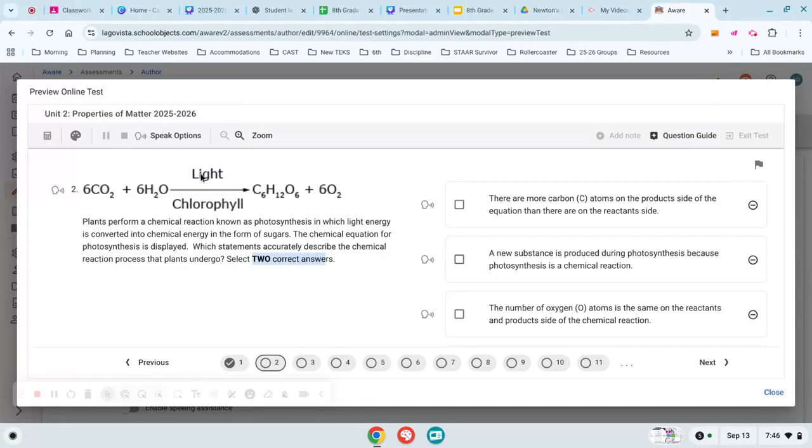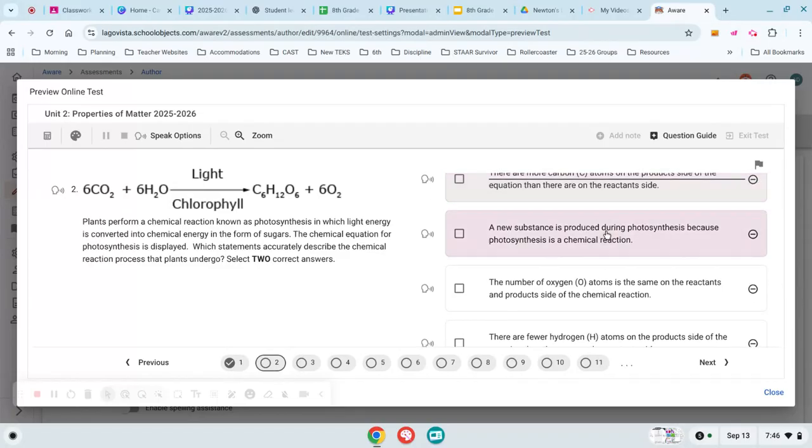Again, a lot of you are not reading all the way through, so make sure you are selecting 2. It says there are more carbon atoms on the product side of the equation than on the reactant side. I have 6 carbon atoms on the product side and 6 on the reactant side, so I can cross this one off.